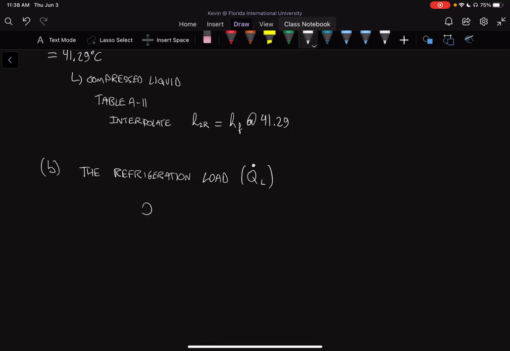Well, we already have Q dot H, and we already have work dot net given in the question.